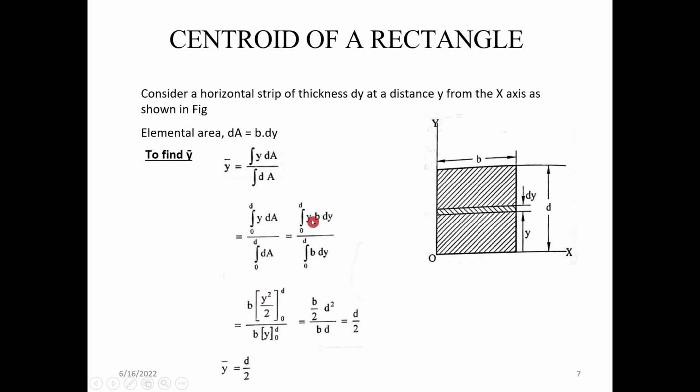Taking out b, the integral of y is y squared by 2 over 0 to d, divided by b into y. Upon simplifying, the b cancels and we get d by 2, which is our assumption that y bar will be d by 2, being symmetrical. We are getting the same from the derivation.